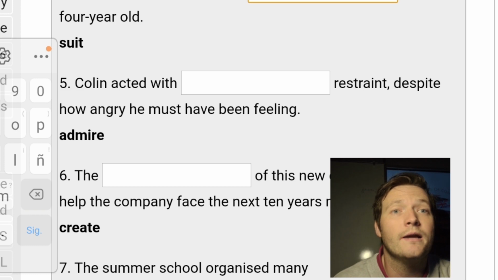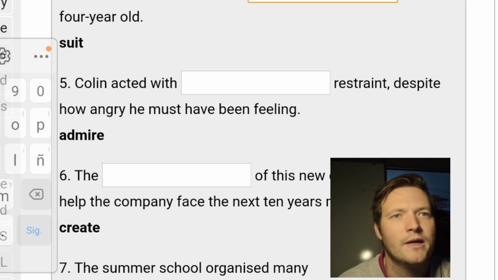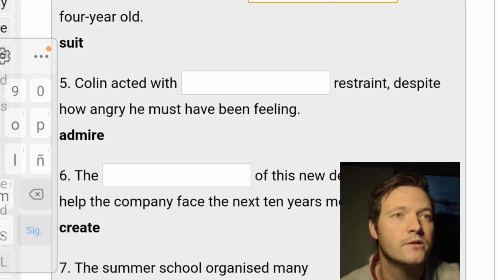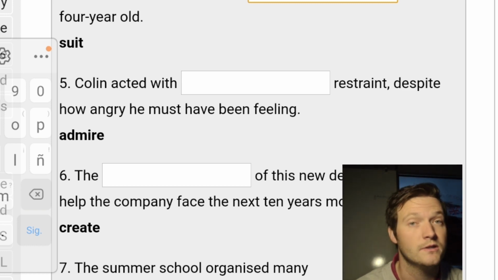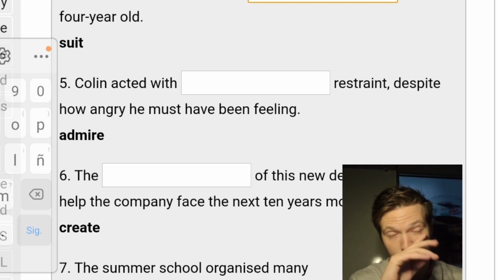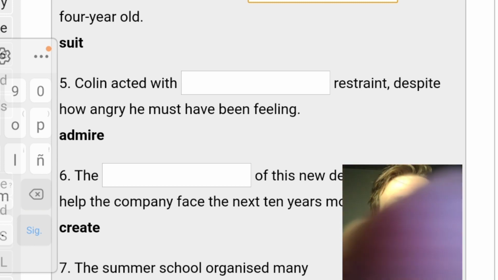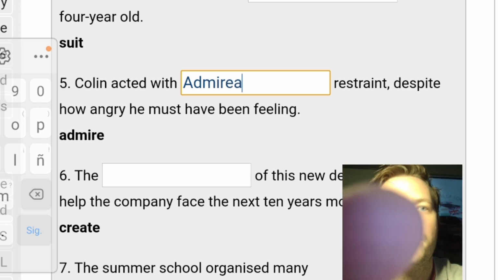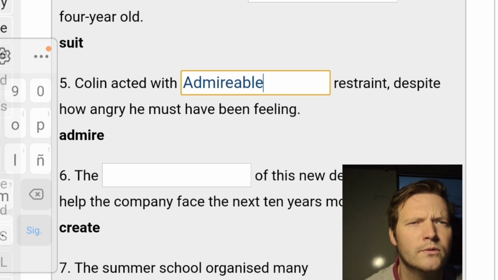Number 5. Colin acted with restraint despite how angry he must have been feeling. So I guess we're saying that this is a good thing, no? To have restraint even when you're angry is an admirable characteristic, no? With admirable restraint. Is that right?